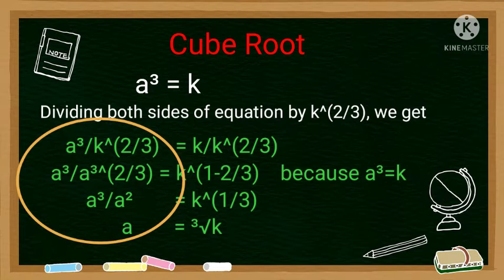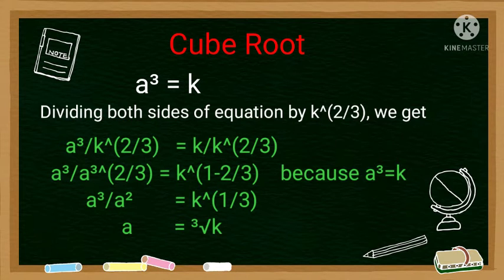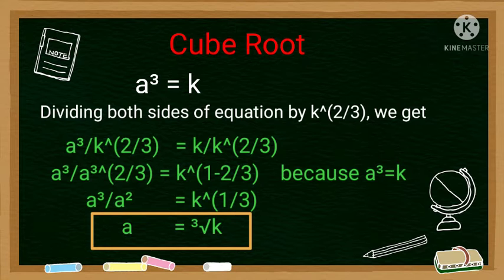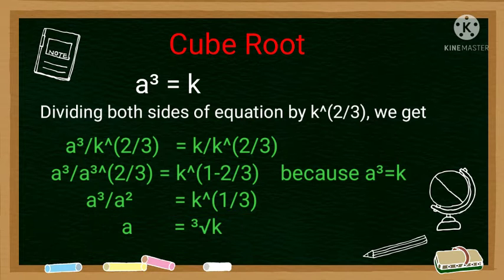However, on the left hand side we have a cube over k to the power 2 by 3. Since k is equal to a cube, we can write it as a cube over a cube to the power 2 by 3, which is equal to a cube over a square, that is equal to a. Thus we have a is equal to cube root of k.